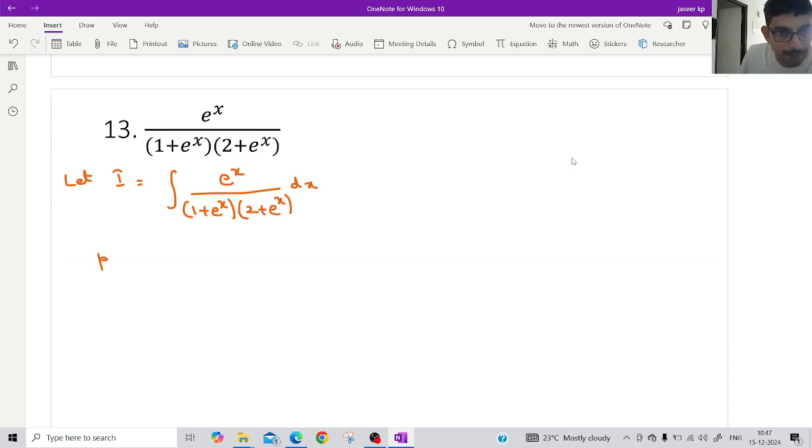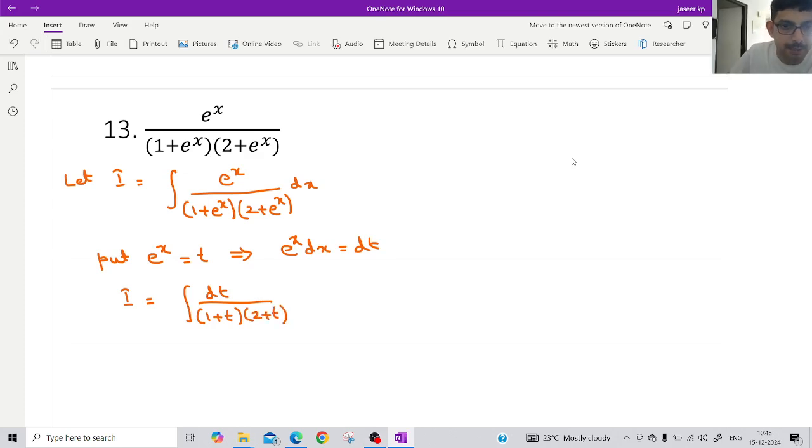Now put e power x equal to t. So that implies e power x dx equal to dt. So I will become dt divided by (1 plus t) into (2 plus t).